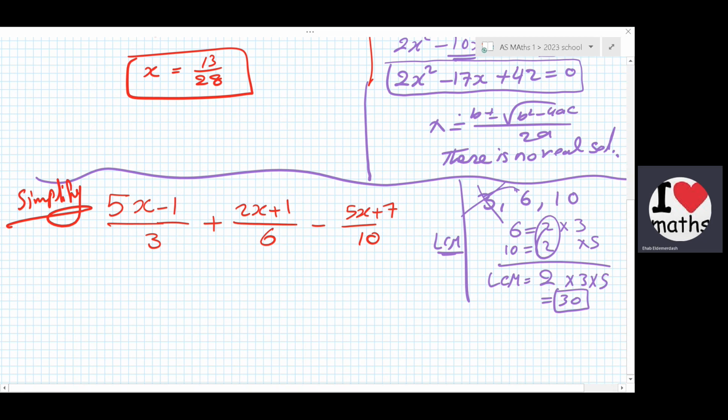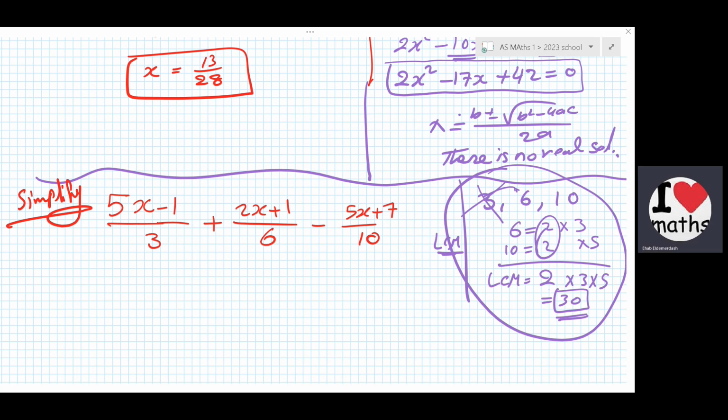The answer is 30. Nuran did all of this mentally: just by seeing 6, 3 and 10, she asked herself what number is divisible by all of them.